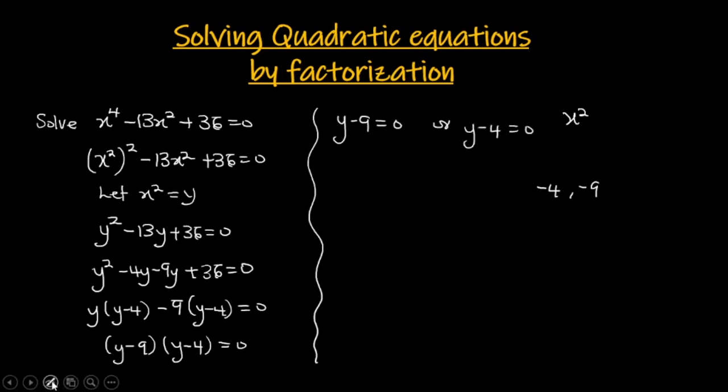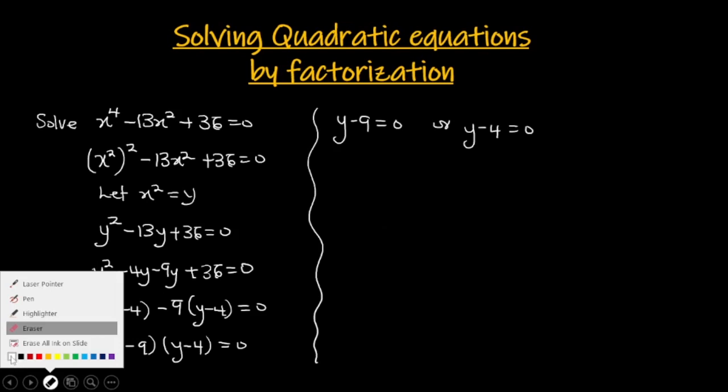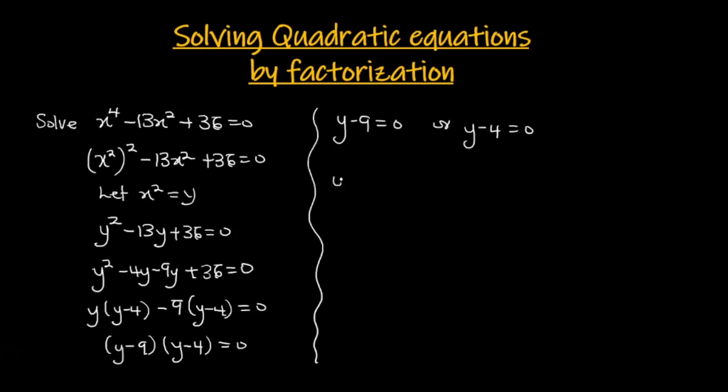So let me erase these so that they don't confuse us. Okay, so from here it means my y is equal to positive 9, or my y is equal to positive 4. But now remember, we were not asked to find y, we were told to find x. We decided to introduce another variable we are calling y. So we need to bring that condition back.